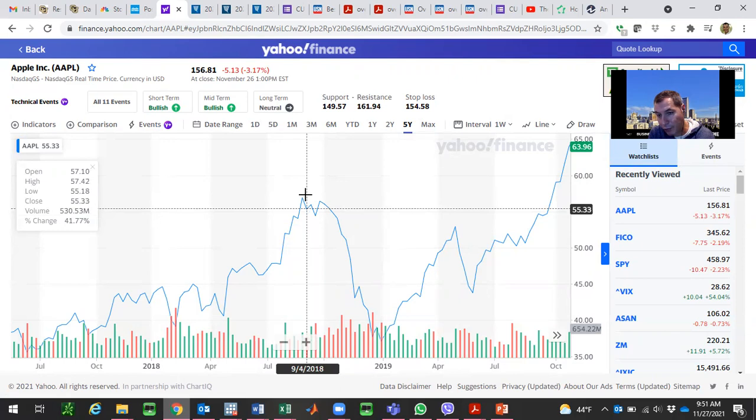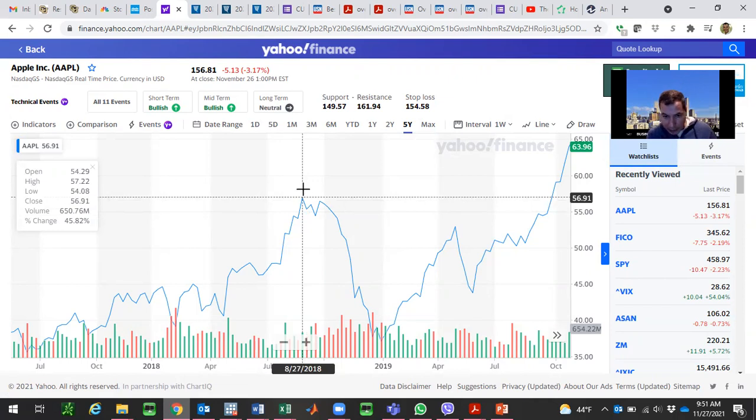By the way, the share is at 55 because they had a split. The share was in the hundreds. They split it and it became 55, like if a stock is $100 a share and you split it in 2, the share becomes 50. Then the price started going up again. So in August 2018, Apple reached almost an all-time high at 56.91.